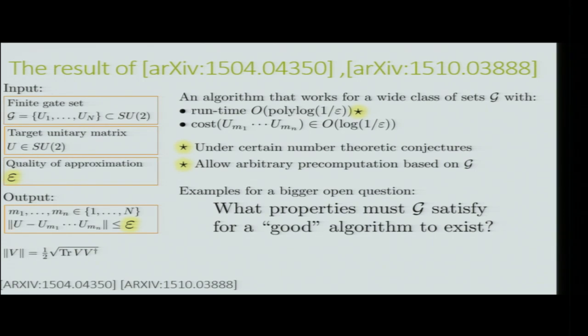Hopefully one day people will be able to address this question, and it will be important for quantum computing, because if people design new architectures, they will understand that they need to design them such that the instruction sets have a good property, so you can actually compile for them efficiently.